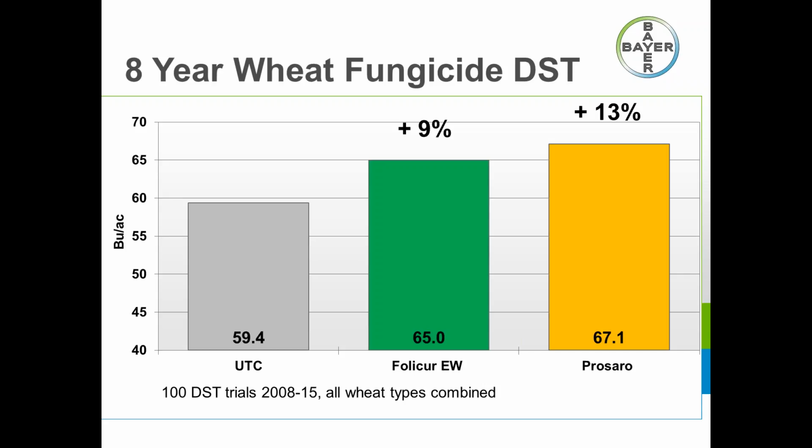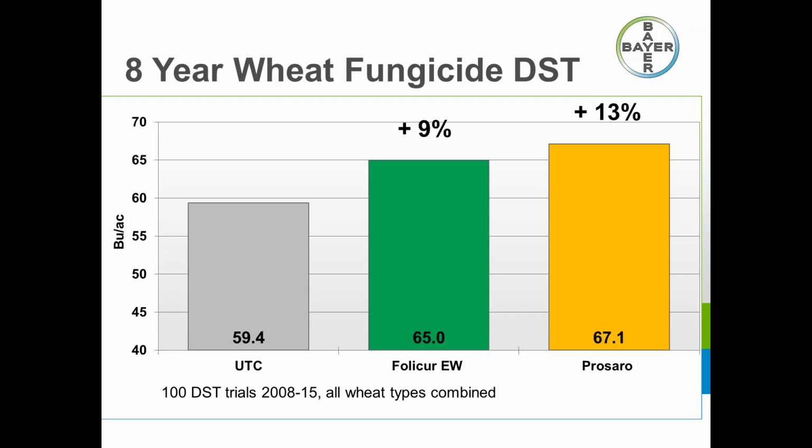When it comes to management of diseases with the foliar fungicide, at Bayer we've been doing a large-scale grower-run strip trial program for a number of years now, and this is all wheat types combined, spring and winter. And we've separated the data out, and the results are very similar across all wheat types, spring, durum, and winter, that applying a fungicide at the flag leaf or at head timing when the conditions are right for a good crop, result in quite a substantial yield increase.